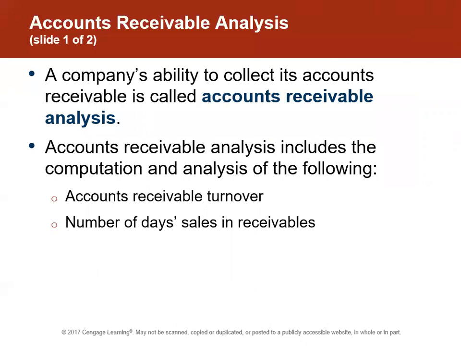This is an important analysis for us, but also for our creditors, because if we're not collecting on the money owed to us, it doesn't help us generate quick assets. So we're going to look at accounts receivable turnover, as well as number of days sales in receivables.